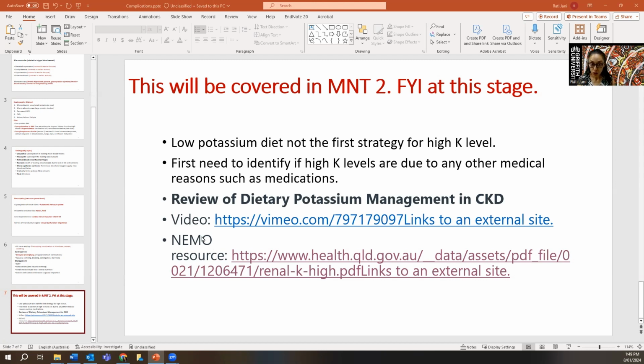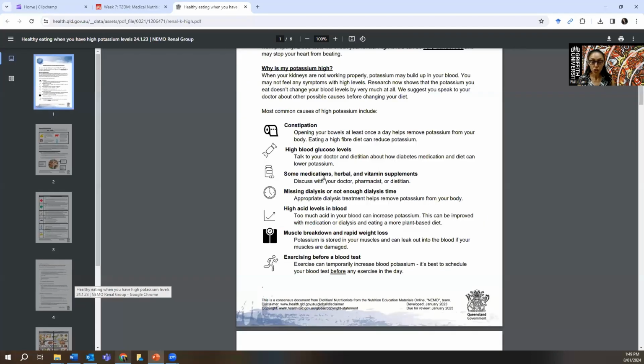And this is a very good Nemo resource that I found, which summarizes in simple words various medical causes of high potassium. So, for instance, the kind of causes that the treatment management team needs to eliminate is: is the patient suffering from constipation, because that can lead to high potassium levels as well? Is the patient having high blood sugar levels which are not managed properly?